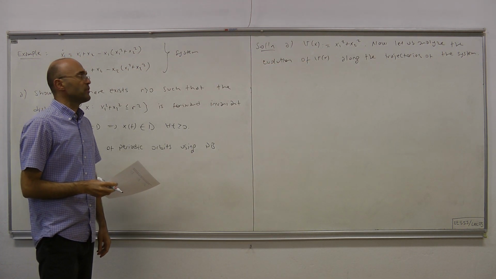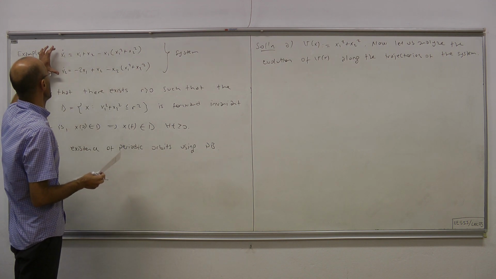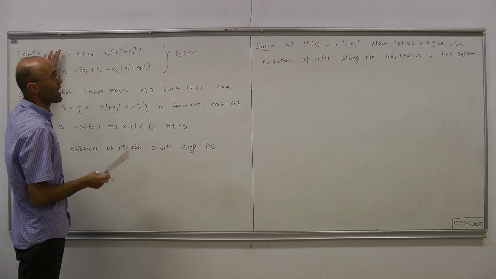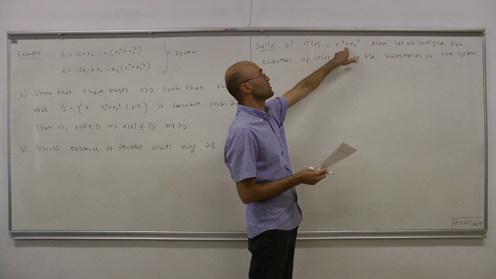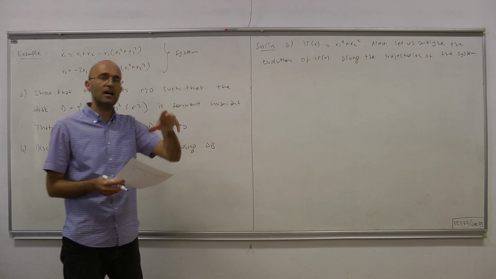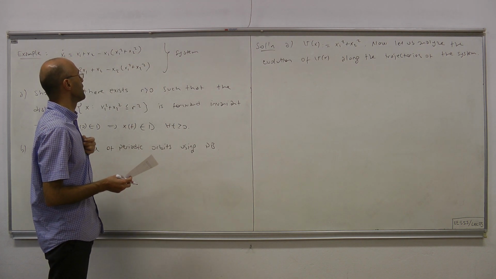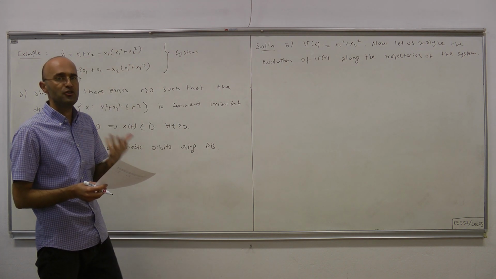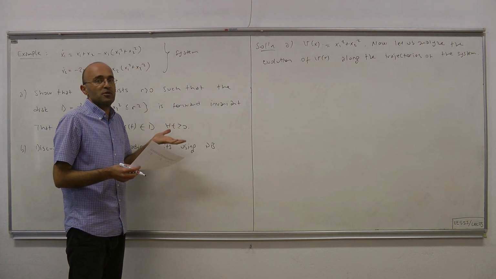One way to do that, or at least in principle one way to do that, is to compute x of t, x1 of t and x2 of t, plug those solutions into this and obtain V of x of t, and then analyze V of x of t. Now the problem with that, which we repeated a couple of times, is that for this nonlinear system, in general, we don't know how to write the explicit solution.